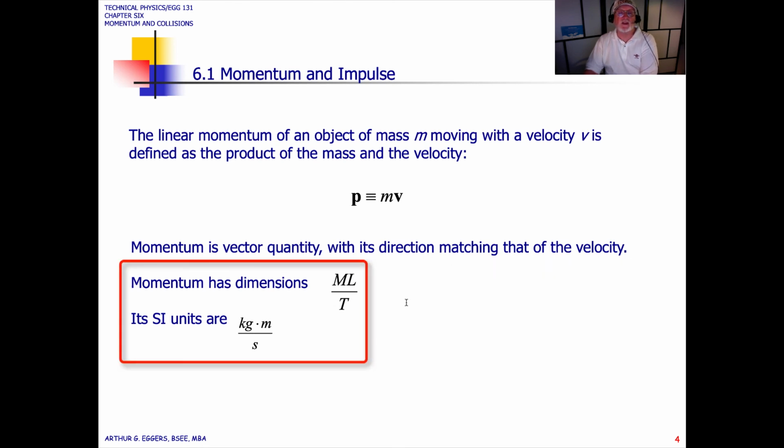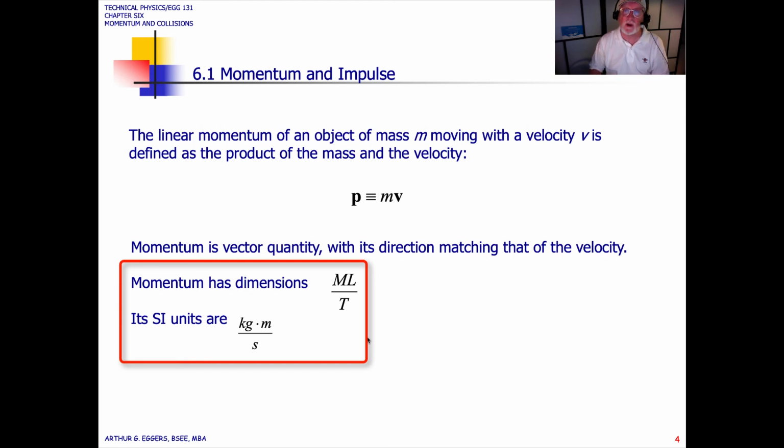So if we go back to our fundamental units here, we see momentum has fundamental dimensions of 1 unit of mass, 1 unit of length, divided by 1 unit of time. And so when we look at this in terms of the SI units, we have a kilogram meter per second. If we cut this in half right here, the kilogram is our mass, meter per second is our velocity.